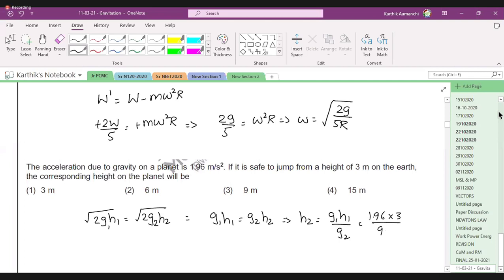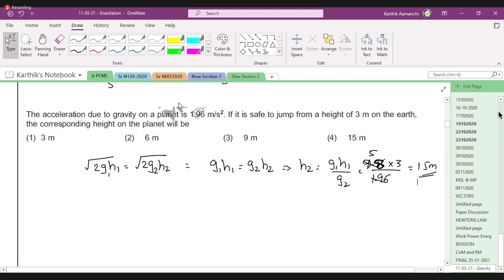So it will be 9.8 into 3 divided by 9.8, divided by 1.9, which is 5 times. Now you are finding your gravitational chapter easy. Yes, sir.